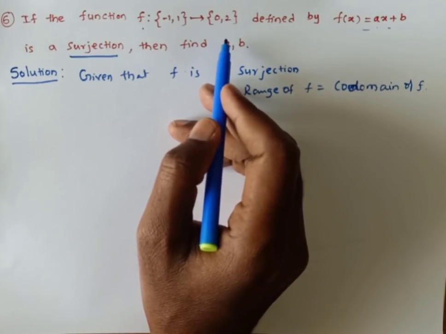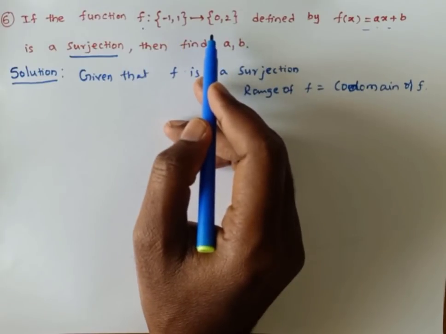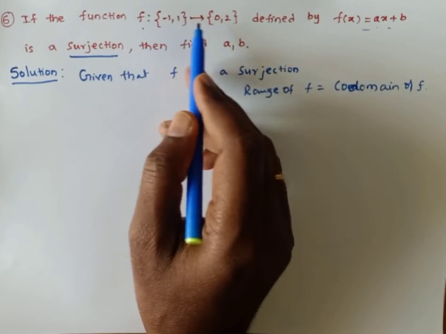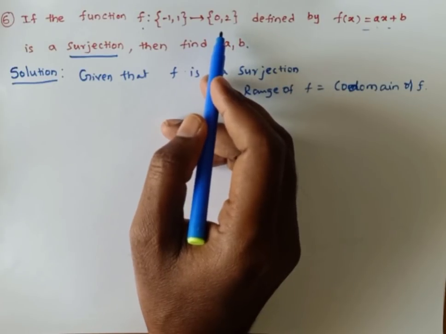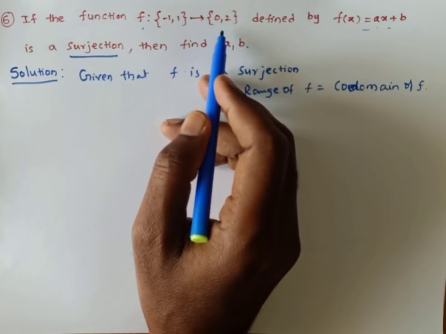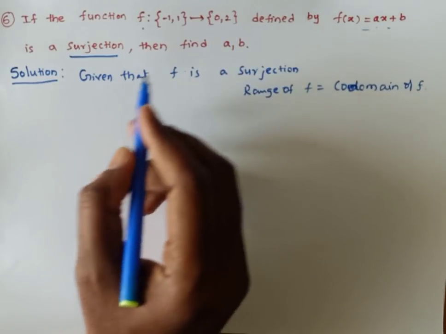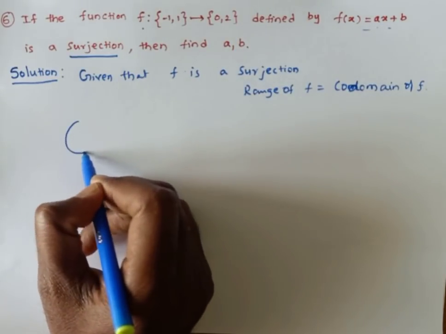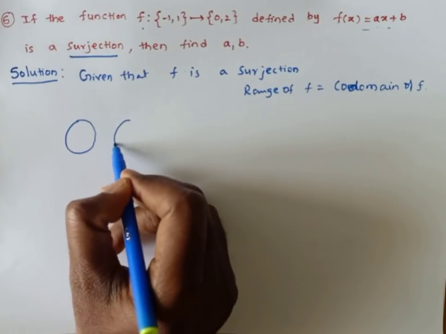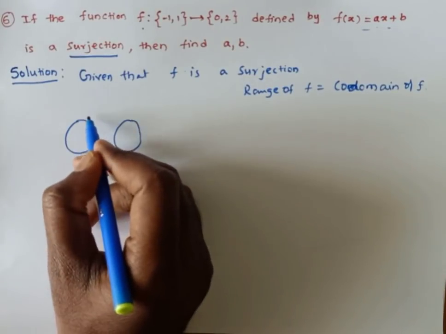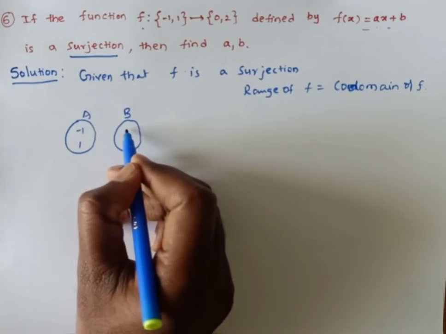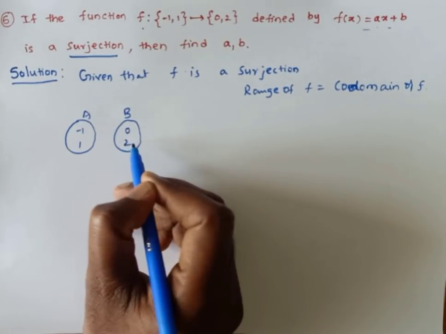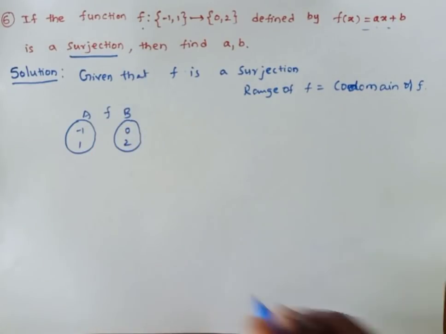Now see, we don't know how the elements are mapped, meaning minus 1 is mapped to 0 or minus 1 is mapped to 2. So there is an ambiguity, and there may be two possibilities. For example, consider set A containing minus 1 and 1, and set B containing 0 and 2. Here f is a relation.